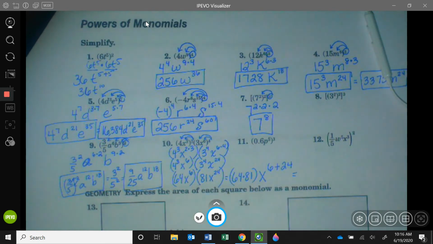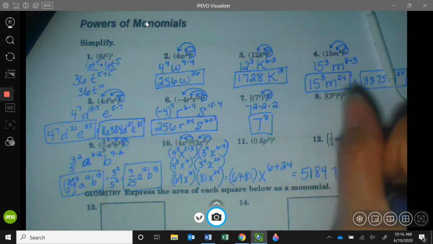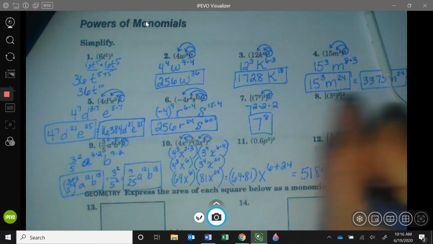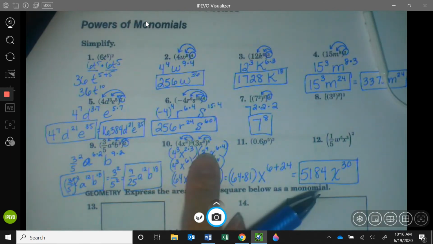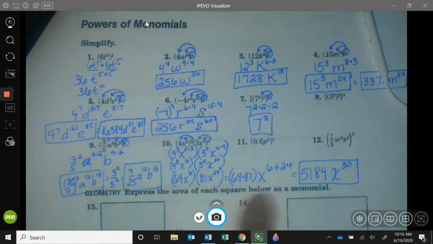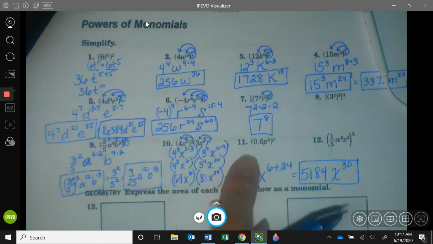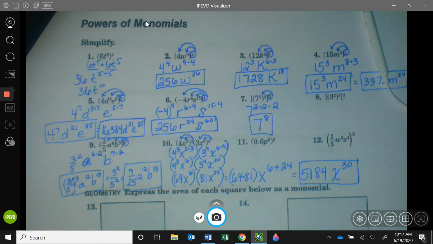So 64 times 81 is 5,184, and then we get x to the 30th. Those can be tricky because they're doing two things. First, we had to deal with powers, so we were multiplying, but then we were dealing with a multiplication problem, so we were adding. So just be real careful, take it step by step.